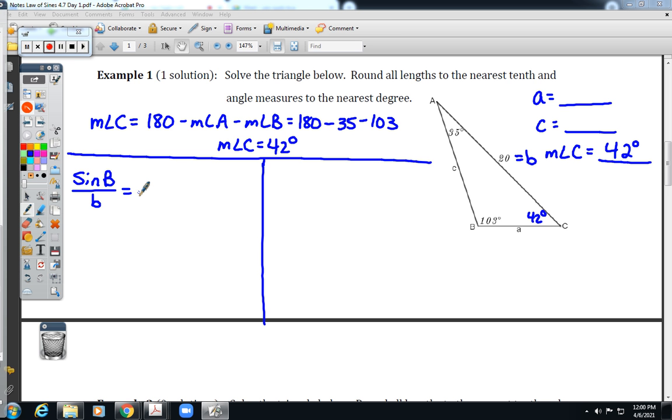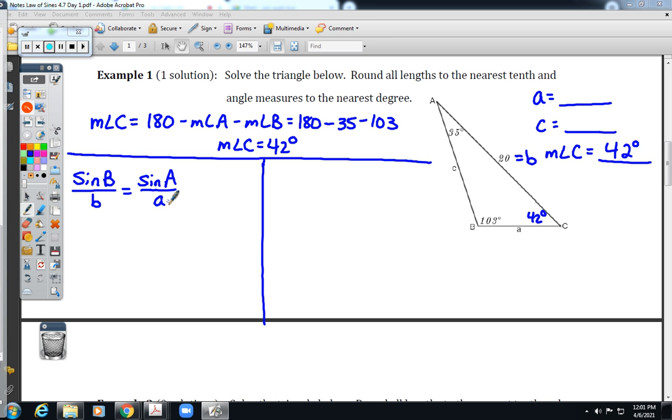Which one do you want to find first, A or C? It makes absolutely no difference. You tell me. A? Okay. Then we want to set up sine of B over little b equals sine of A over little a. Because of the 4 variables in that proportion, we know 3 of them, which means we can solve for the 4th.